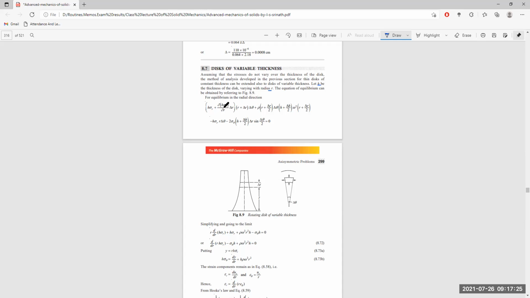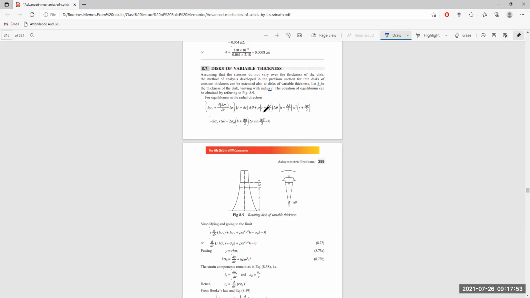So it becomes H sigma r plus the rate of change of the product H sigma r, multiplied by the actual change in radius. This is the total force created due to the variable radius.